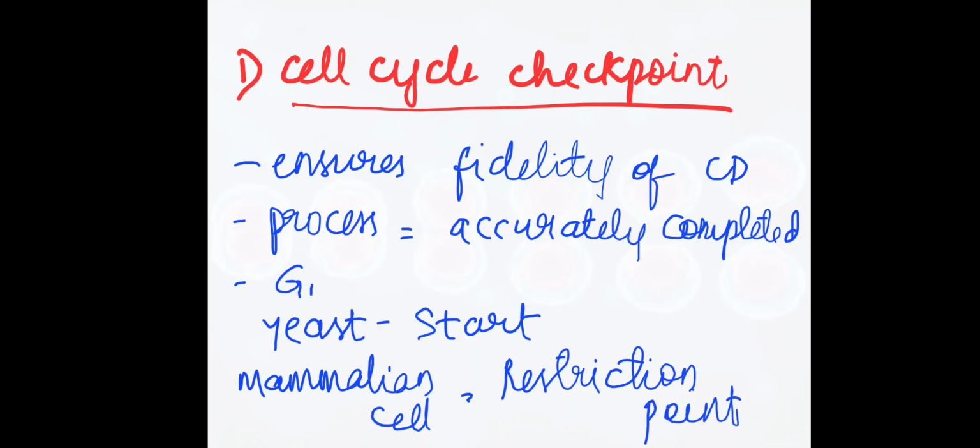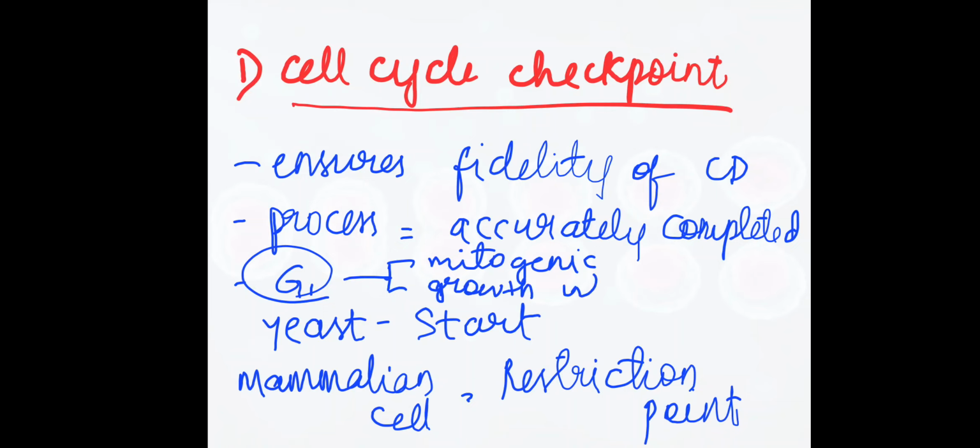Restriction point at which the cell becomes committed to DNA replication and also completes the cell cycle. It is during this G1 phase itself that the cell integrates two types of signals: mitogenic and growth inhibitory signals.